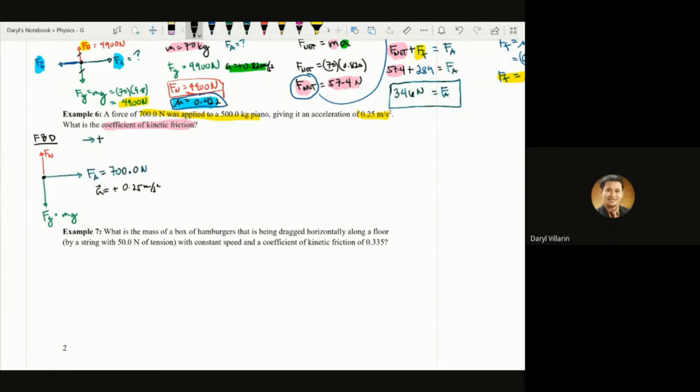There's movement to the right here, so my friction would be to the left. This is my FF, and I don't know that one. That's a question mark. And actually, the main question mark is your mu k.